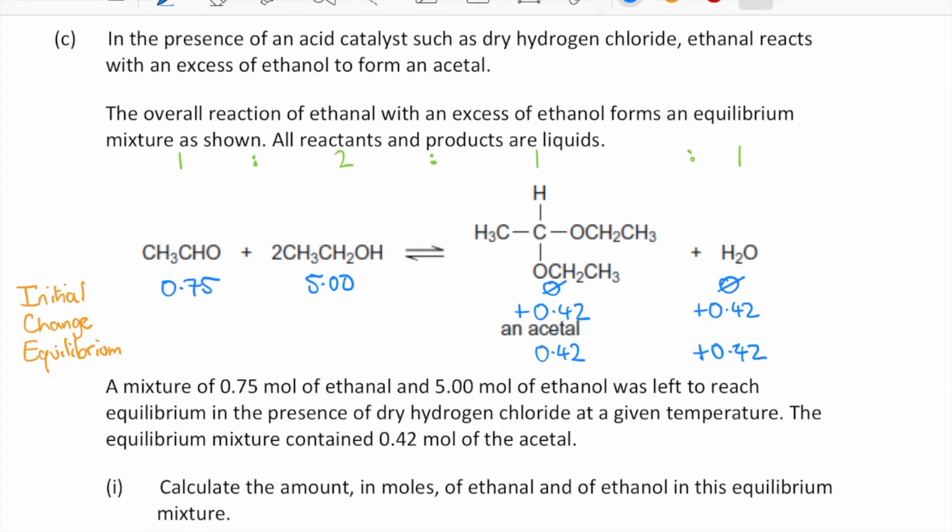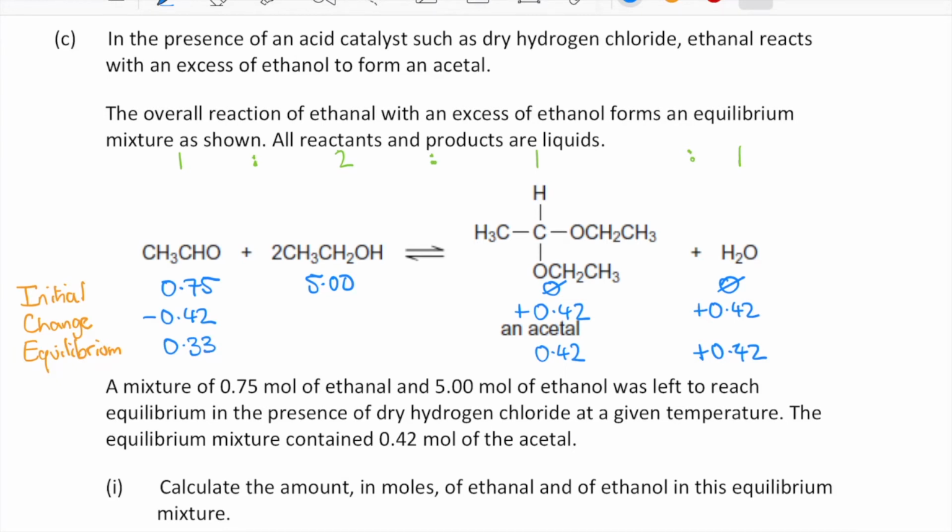So now let's look at ethanol. If we compare acetal and ethanol, it's a 1-to-1 ratio. So that means that the number of moles that were made of acetal must have been the number of moles that were used up. It's a 1-to-1 ratio of ethanol. So we're going to have minus 0.42. So that gives us a final equilibrium value of 0.33.